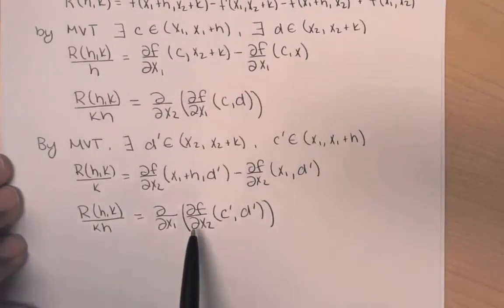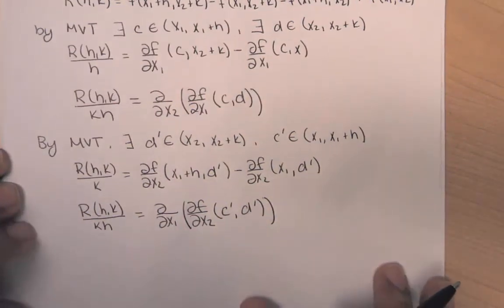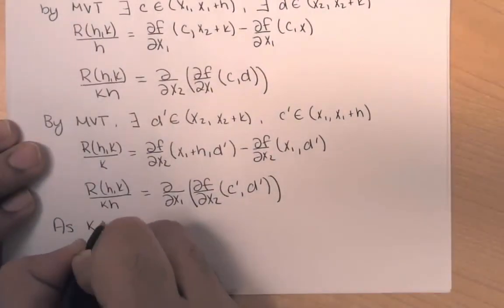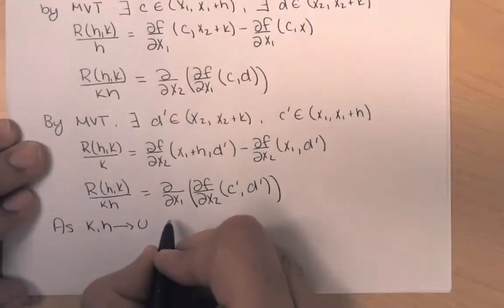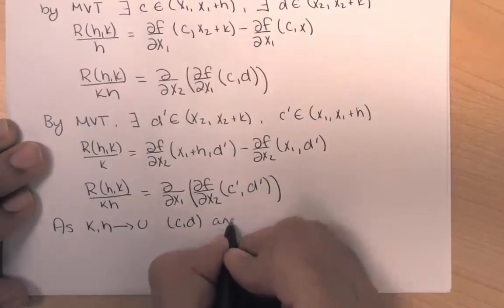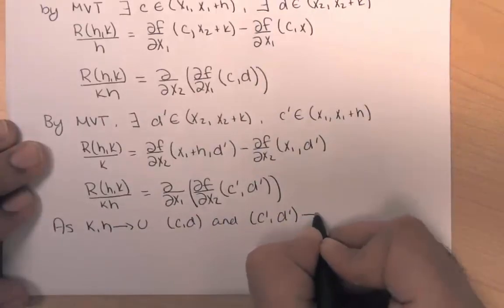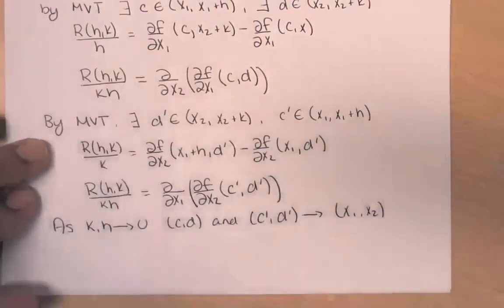Now, not only do I know that these second derivatives exist, I've also supposed in my hypothesis that the second derivative is continuous. So then, as k and h go to 0, the coordinates c and d and the coordinates c prime and d prime converge to the coordinate x1 and x2.